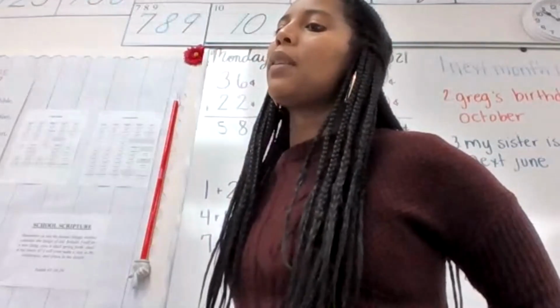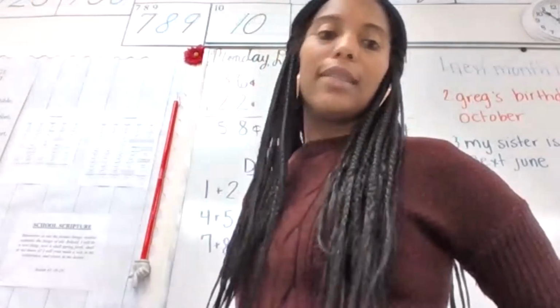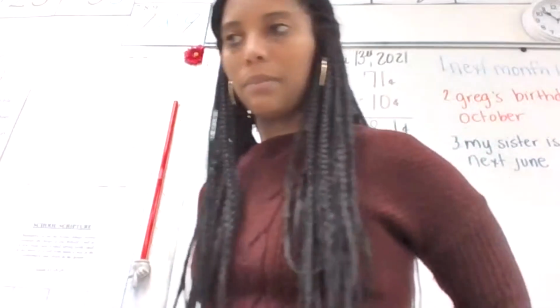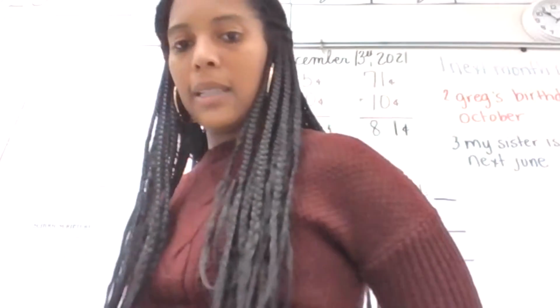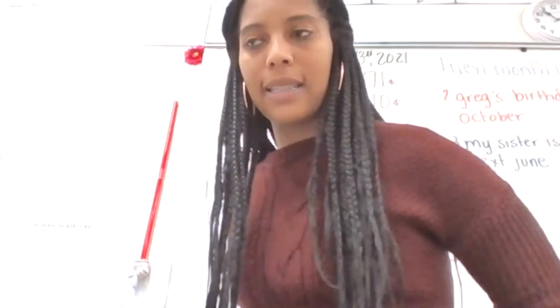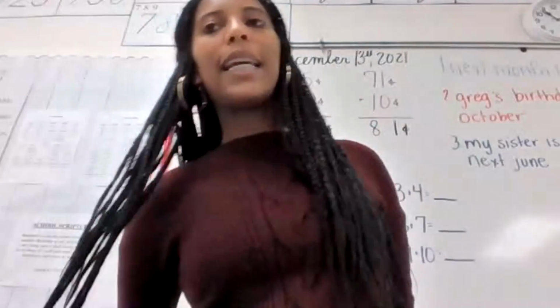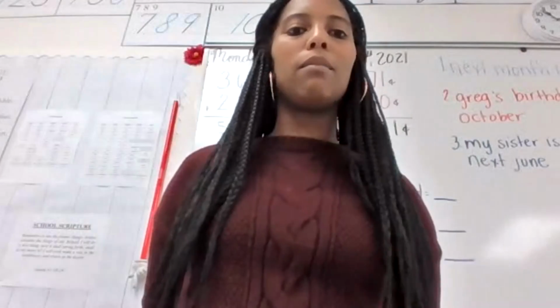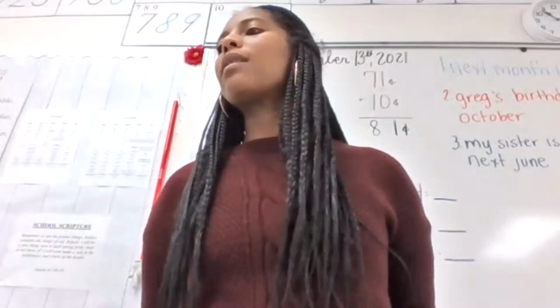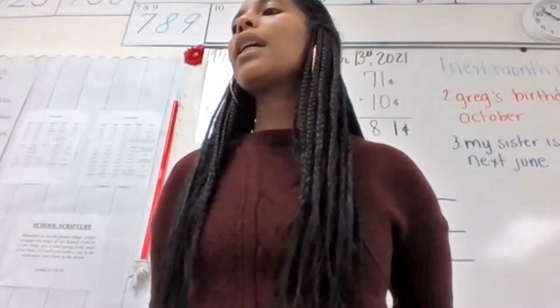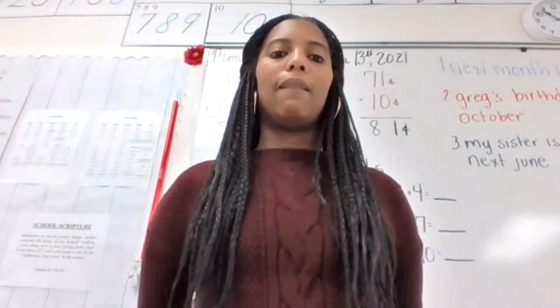So then 6 plus 7 is 13. Next we have 8 plus 8 is 16. So then 8 plus 9 is 17. So you see the answers are 1 more than the doubles. Last one, 2 plus 2 is 4. Then 2 plus 3 is 5.